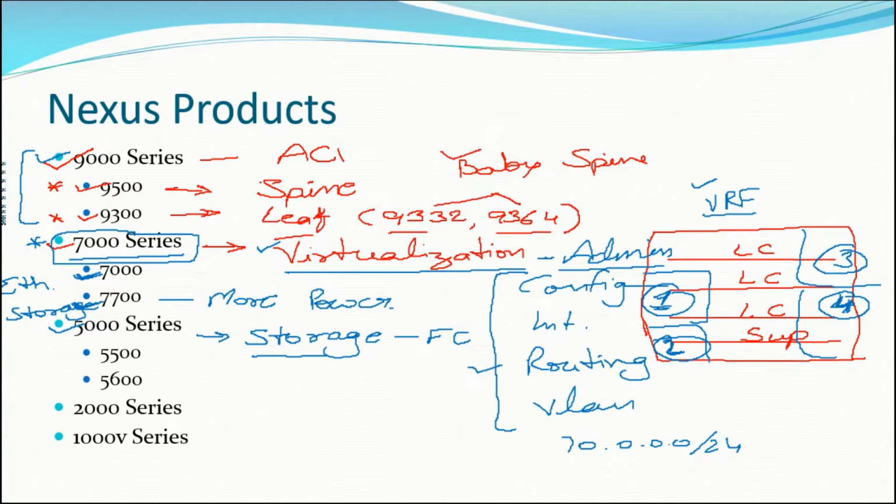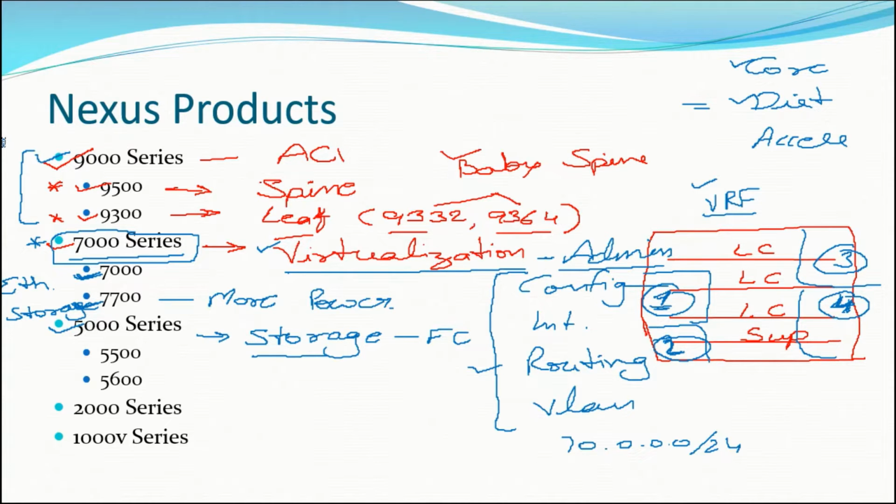We might have heard that we have the standard 3-tier architecture: core layer, distribution layer, and access layer, right? They said these 7000 series switches are modular-based and higher capacity, so we recommend using this switch in either the distribution layer or the core layer.